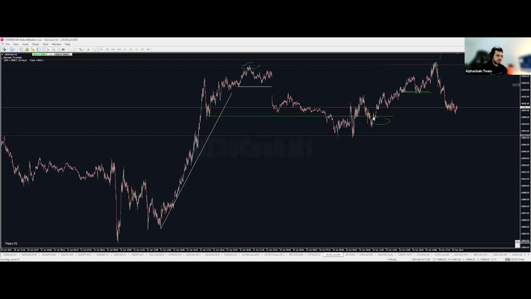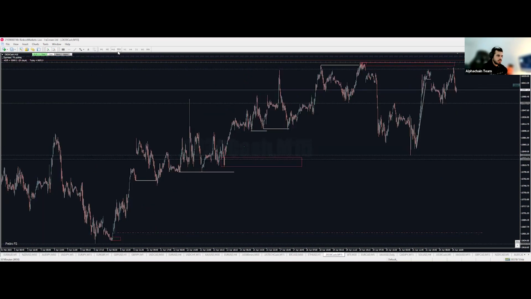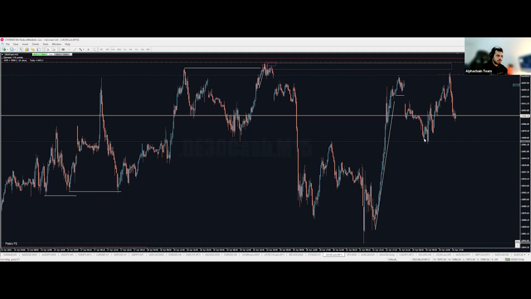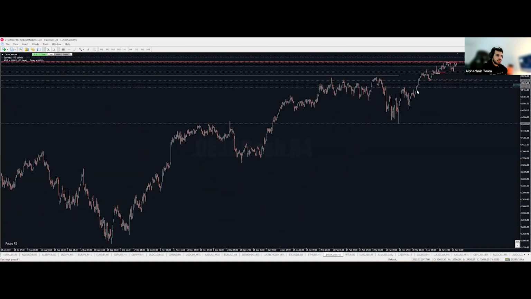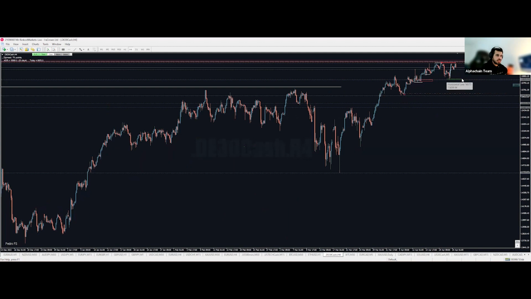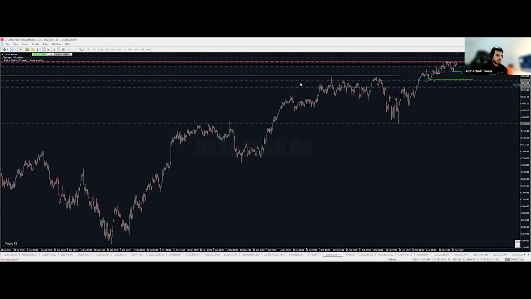Let's see how price reacts from this demand, but there's maybe the chance for price to go and reverse, maybe even go lower. But yes, for a few days price was compressing, literally with this zone in here as a target whenever price turns. It's another one with the potential to go even farther below. If by any chance you do eventually break below this low, I'm going to be aiming towards here.